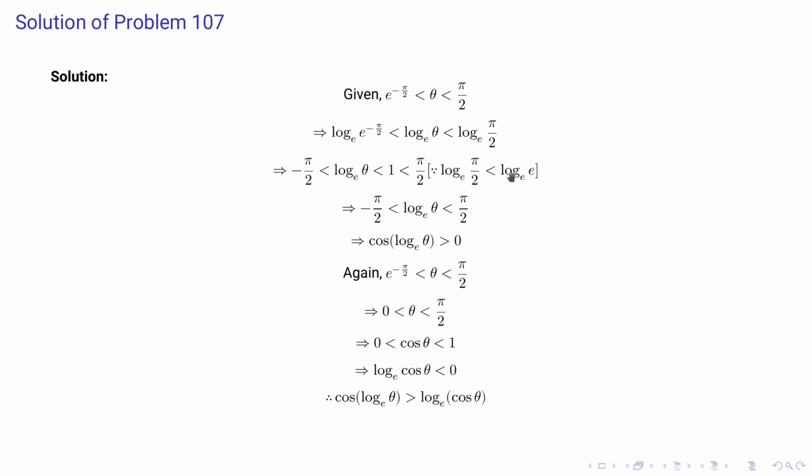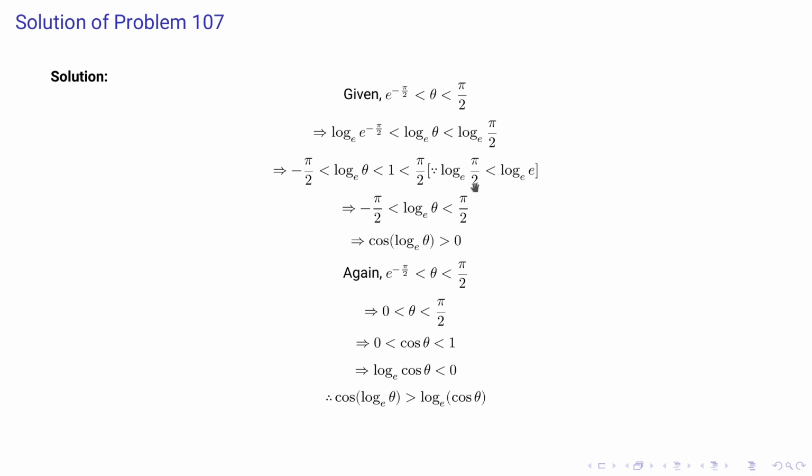So this means that this is less than pi by 2, and pi by 2 is greater than 1, so we can write that log theta with base e is less than 1. So now we see that minus pi by, sorry, I misread this.